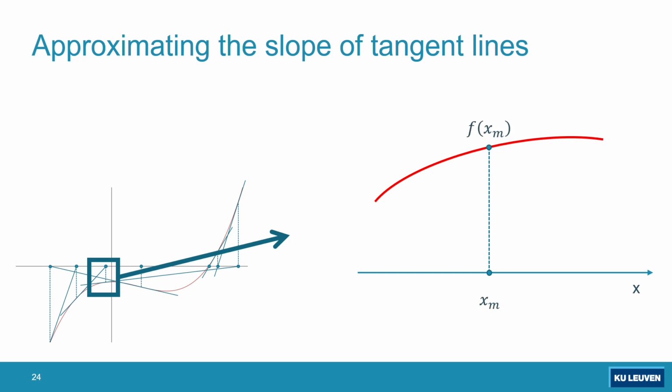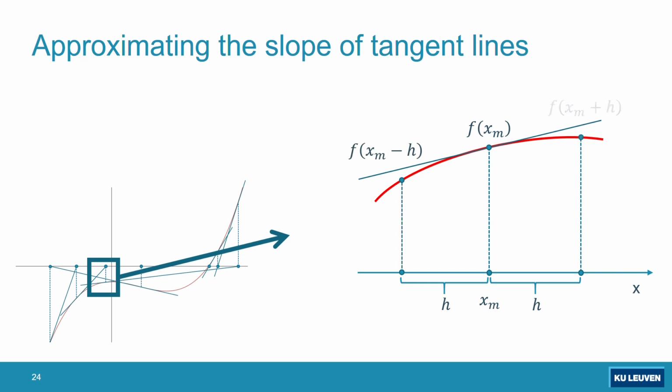So we go a little bit backward and a little bit forward. Let's call this difference, I intentionally use the term difference because later on you will see what that means, h. And we can always ask the black box to tell us the value at xm minus h and xm plus h.